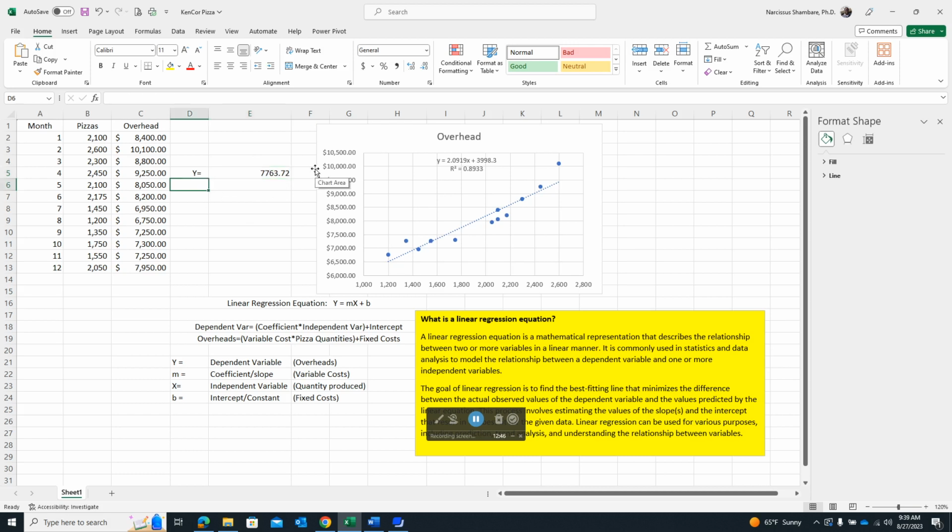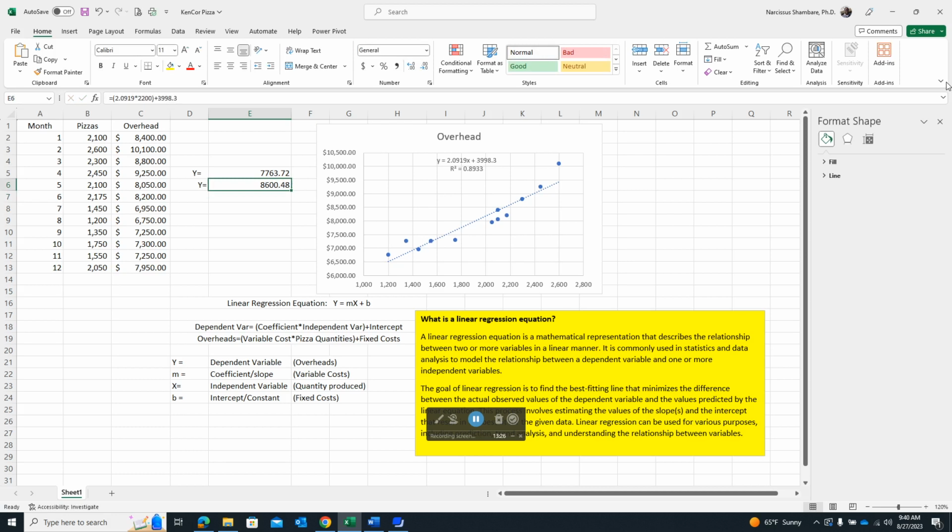Okay, so let's try another one with our newfound solution from Excel, right? Okay, let's say, for example, another one, maybe we want 2,200, okay, multiplied by 2,200 pizzas plus the fixed cost that we have to pay regardless.